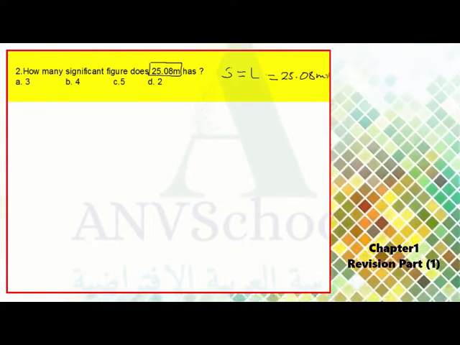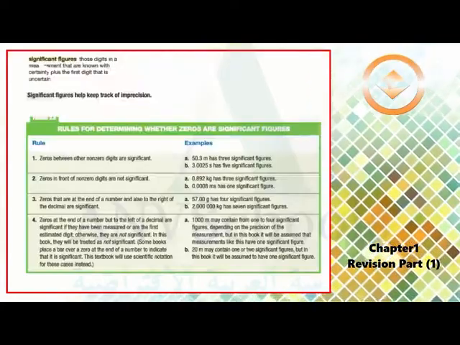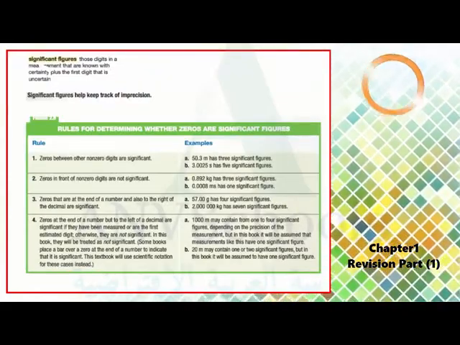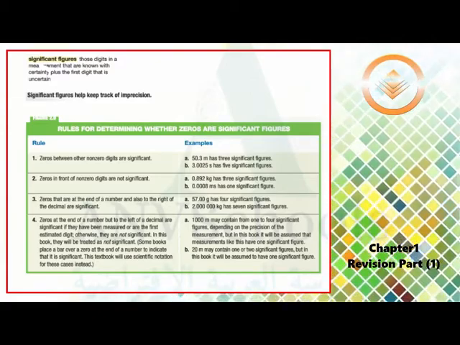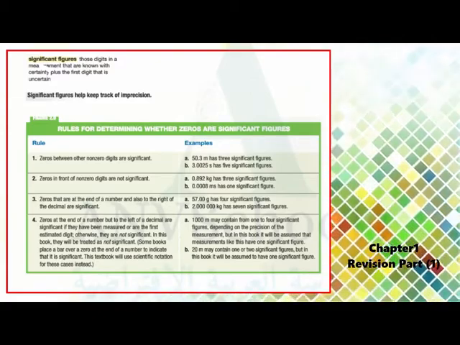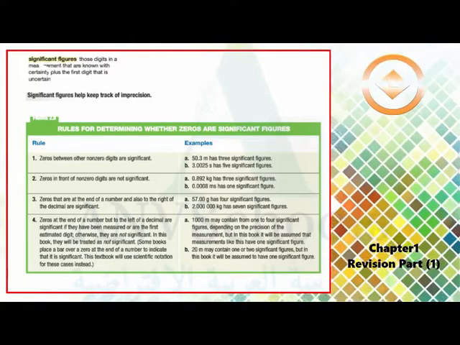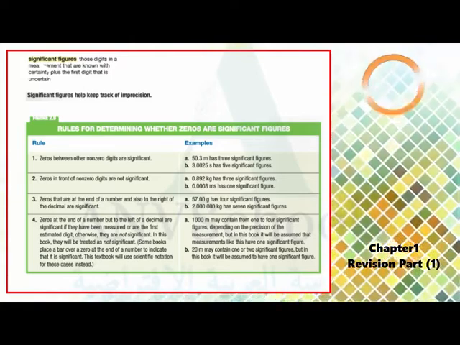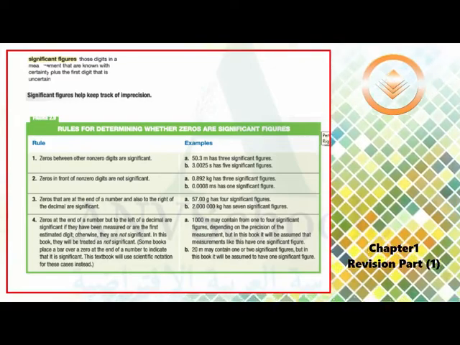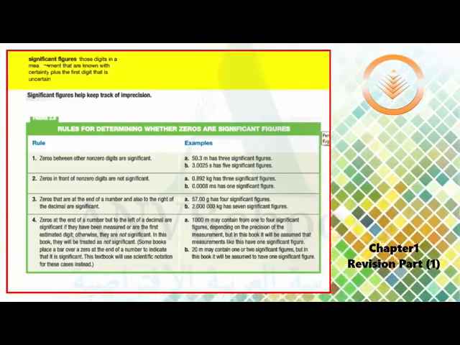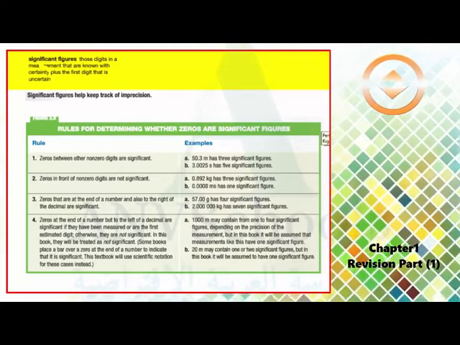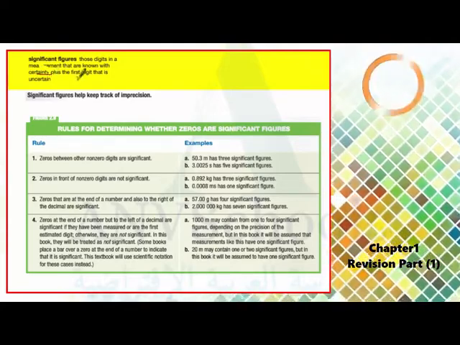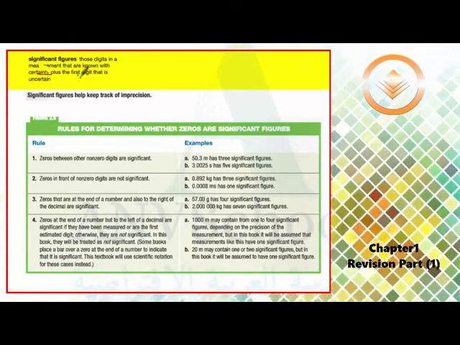Now just to make this clear, let me show you a table. There are rules that help us determine whether a given zero is significant or non-significant. But before that, what is the meaning of significant figure? Significant figures are digits in a measurement that are known with certainty plus the first digit that is uncertain.